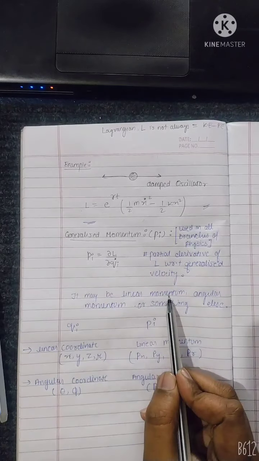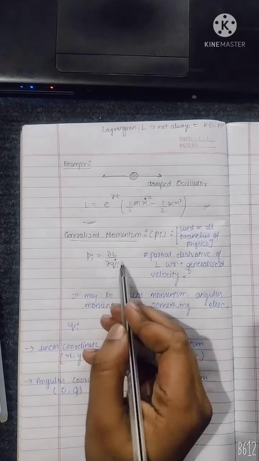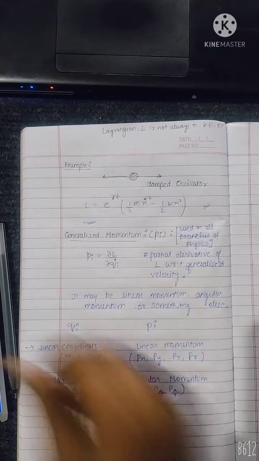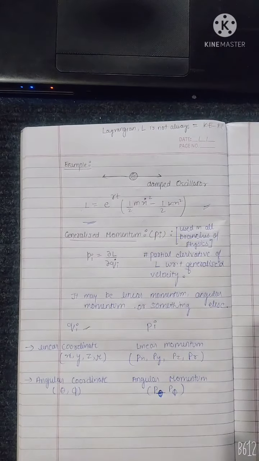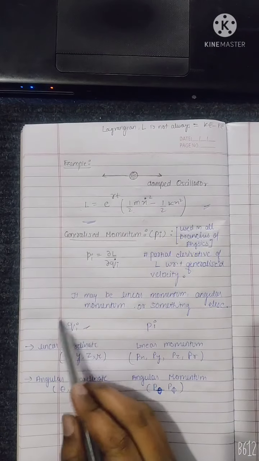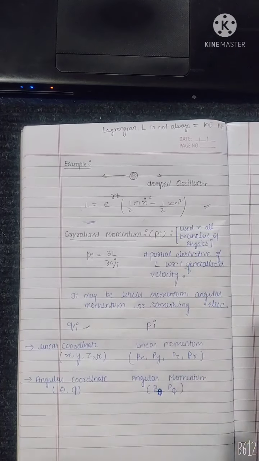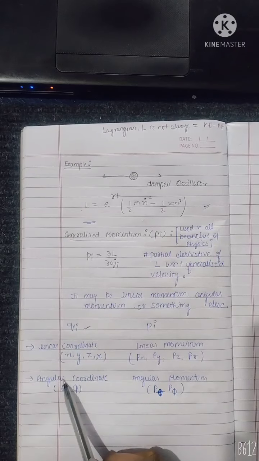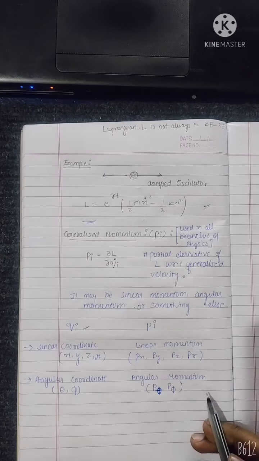It may be linear momentum, angular momentum, or something else. The generalized coordinate qi here can be a linear one, an angular one, or any other quantity. For example, if the generalized coordinate is a linear coordinate, the momentum will be linear momentum. If the generalized coordinate is an angular coordinate, the momentum will be angular momentum.